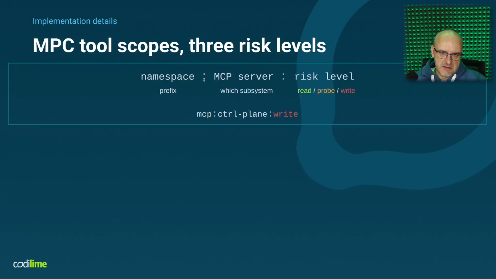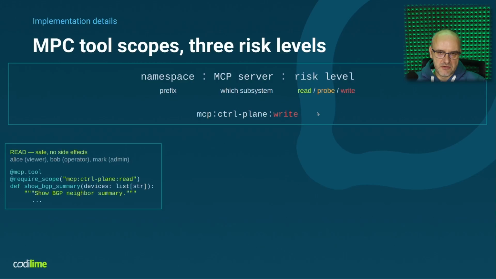This is what we applied. This is the namespace, so it concerns MCP tools, so MCP is at the beginning. Next is the subsystem, meaning the particular MCP server. And next, we define the risk level for the particular tool.